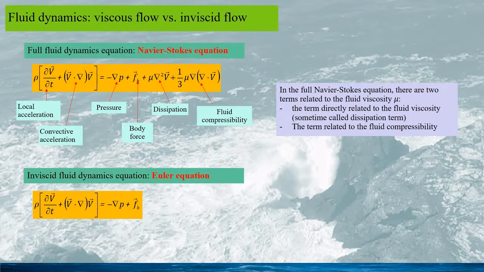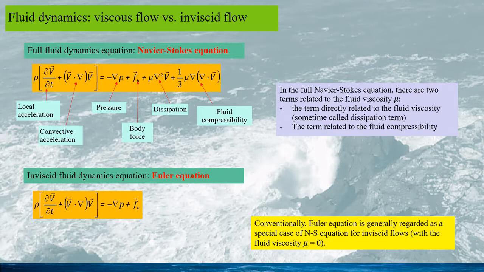Although the Euler equation is not perfect, it is very useful for deriving Bernoulli's equation, which is actually an integral form of the Euler equation under the assumptions of an inviscid and steady flow. This is a conventional assumption for the inviscid flow.